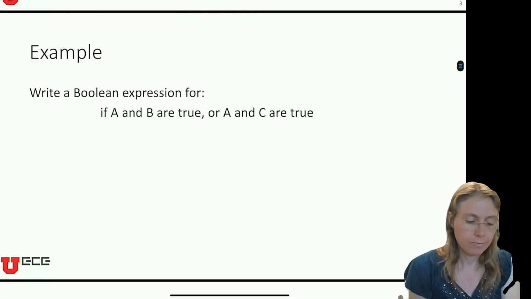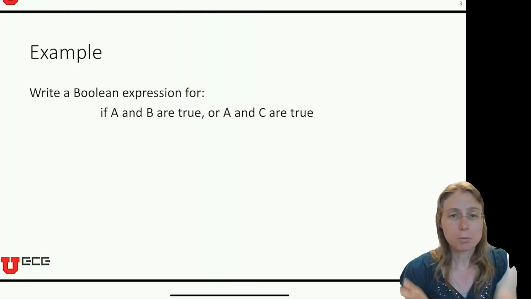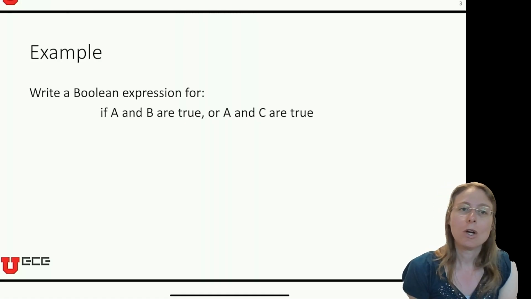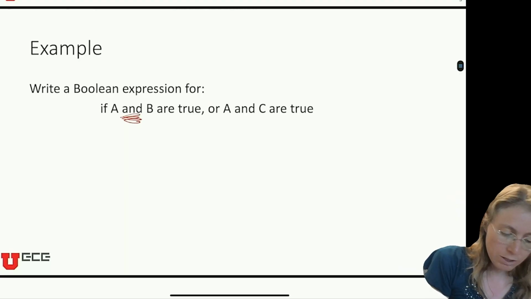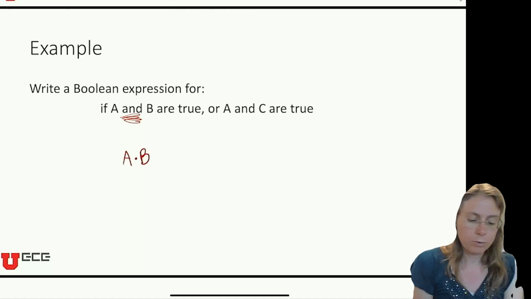Let's talk about this. We have many years of using language to express logic, and so it's often useful to draw on your language skills when trying to figure out Boolean expressions. So for example, if we said A and B are true, notice we have an and here, right? So if A and B are true, so that means A and B with that exclamation point.